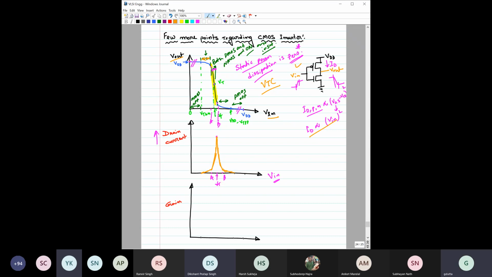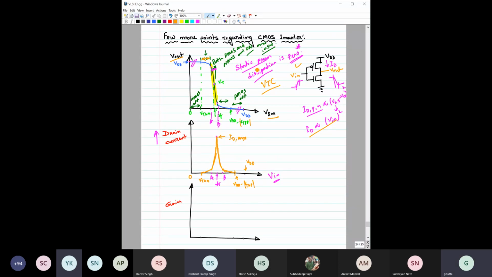And below this and beyond this, the current would become 0. So this is 0, this is VTHN, this is VDD minus the modulus of VTHP. This is VDD, and this is ID max.